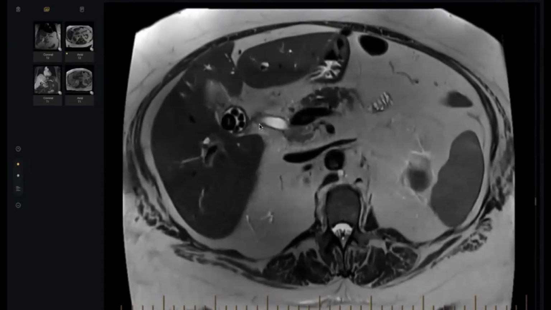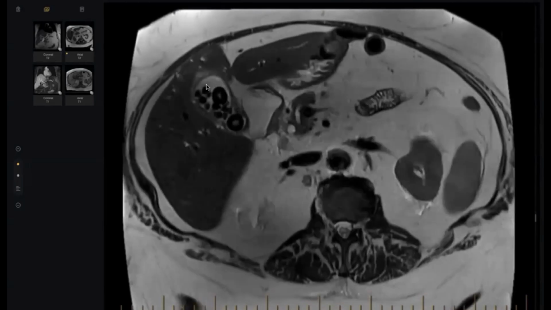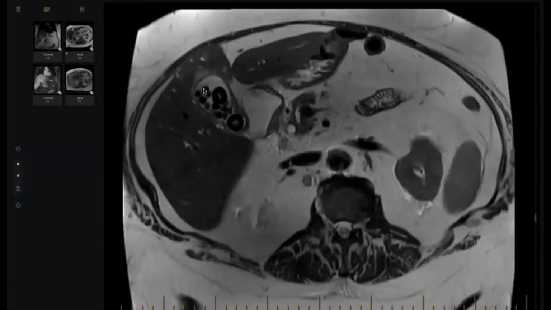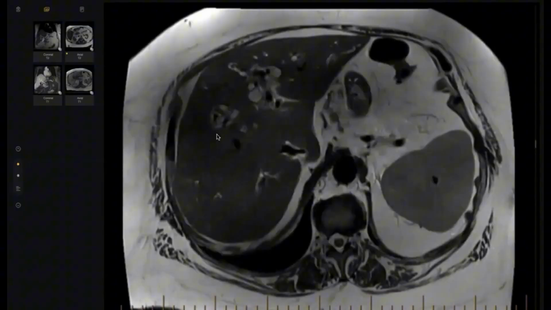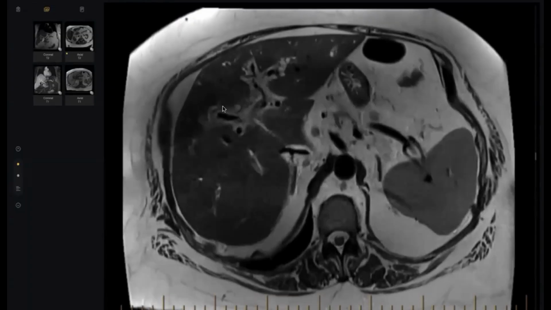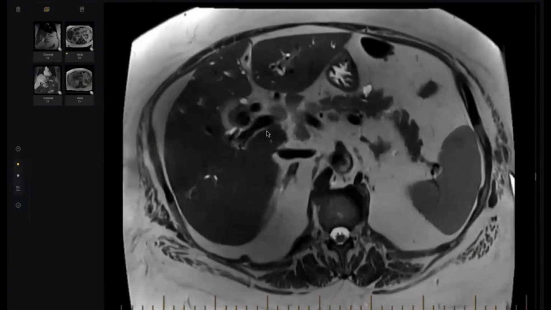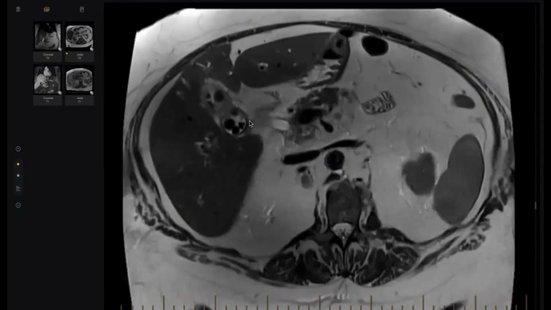There are areas of increased signal intensity noted in the region of the confluence of the right and left hepatic ducts, and stone is also seen in the region of the cystic duct and CBD also.